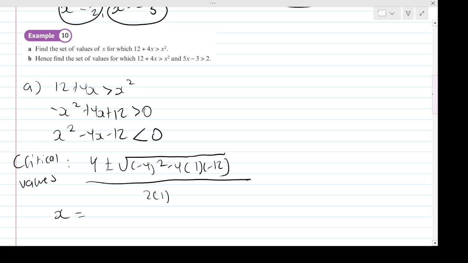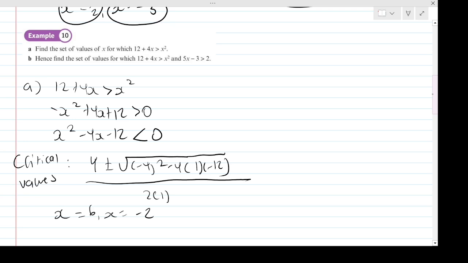The critical values are x is 6 or x is -2. So those are the two critical values, right?